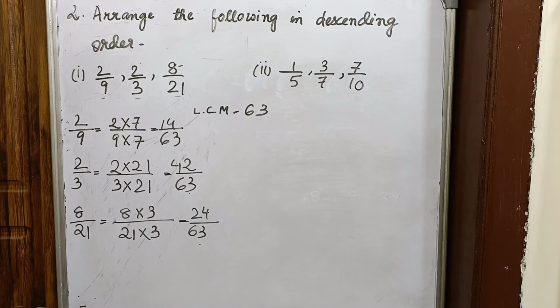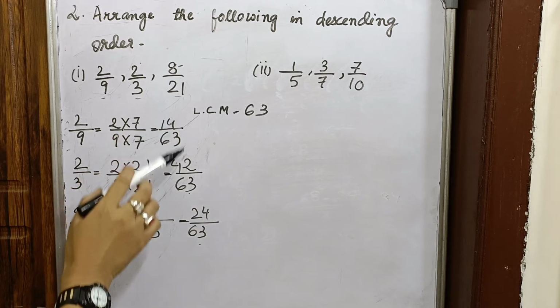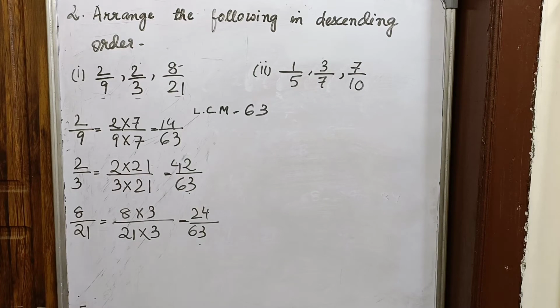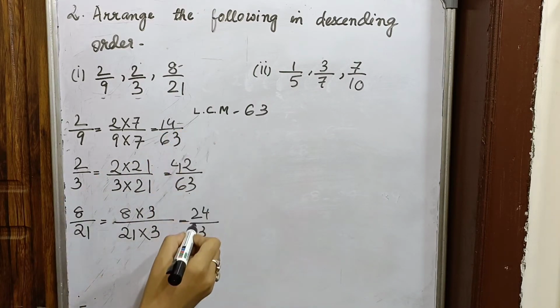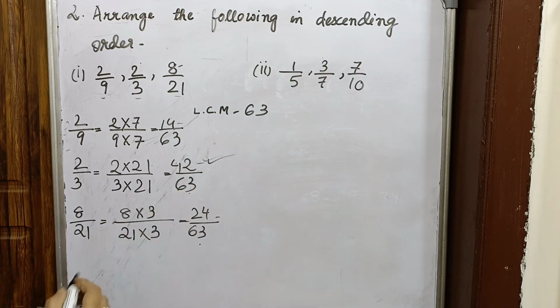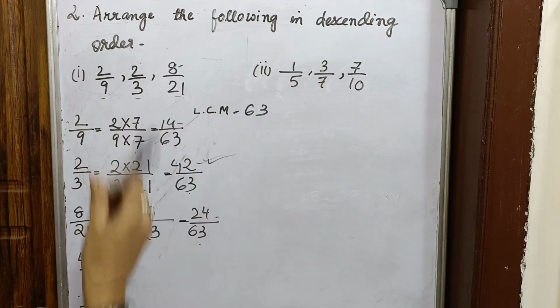If the denominator is same, then in the numerator you have to see the highest number among these three. One is 14, one is 42 and one is 24. So this is the highest number. We have to write the biggest number first: 42 by 63 in the descending order.